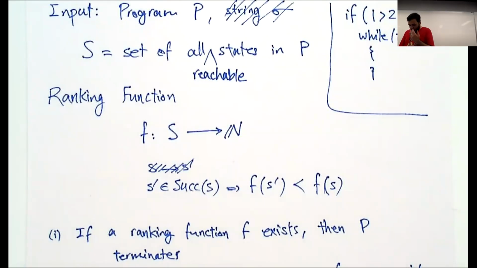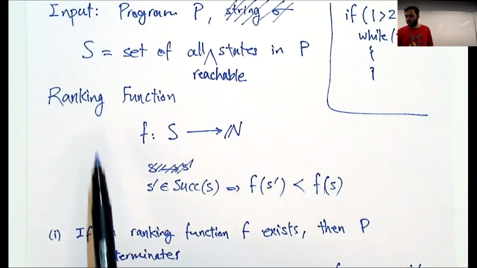So when I say that the program should terminate, it means that when I get to this state and run the program from this state onwards, it should also terminate. So basically what we have to prove is not just that the program terminates starting from the initial state S0, but that it has to terminate from every state in S.